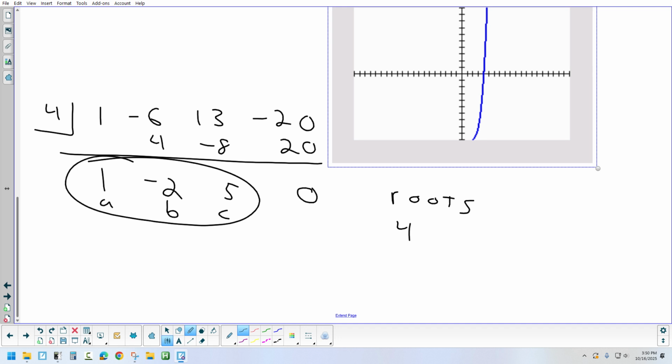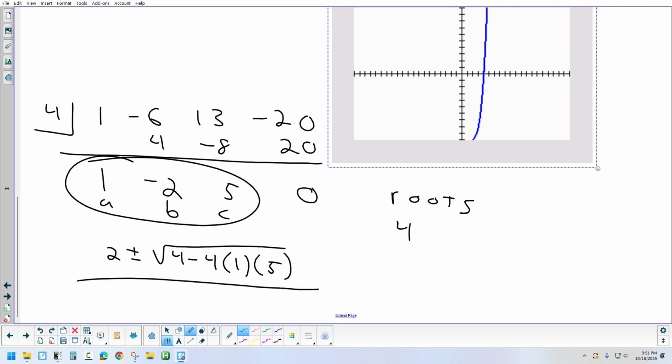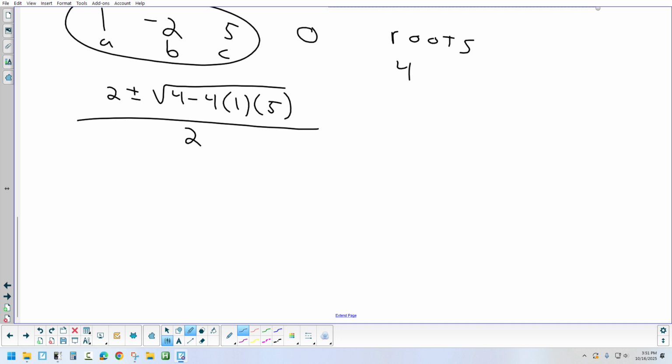Okay. So quadratic formula, -b plus or minus the square root of b squared minus 4ac, all over 2a. So 2 plus or minus, what's 4 times 1 times 5? 20.